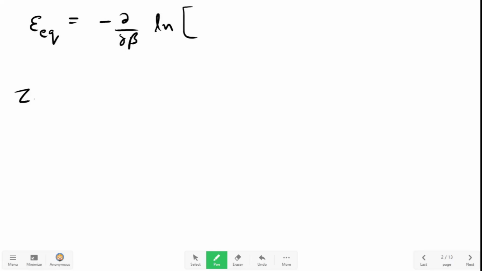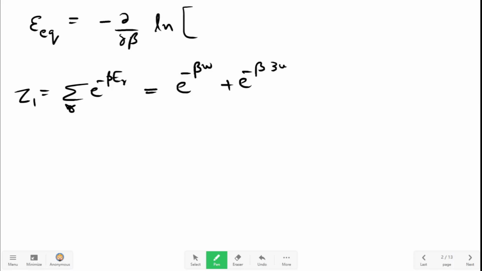Z1 is the single particle partition function, summation over r of e raised to minus beta Er. Here there are two states, so we have two terms in the summation: e raised to minus beta omega plus e raised to minus beta 3 omega.